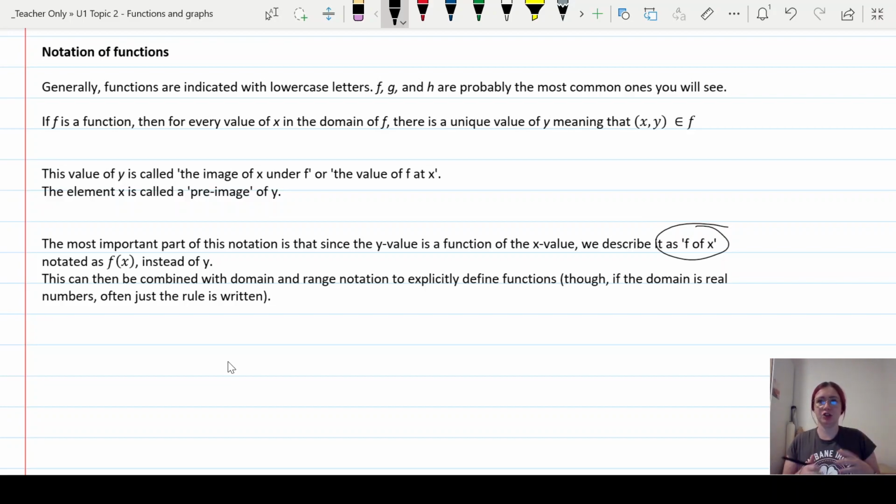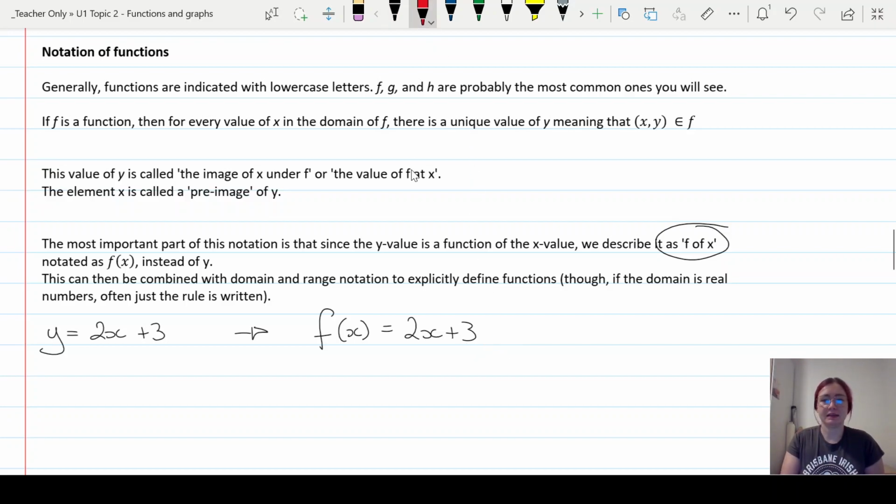But if the domain is just all the real numbers, generally you don't bother writing that in. So if, for example, we had y equals 2x plus 3, to write this with function notation, instead of y equals, we would write f of x equals 2x plus 3.